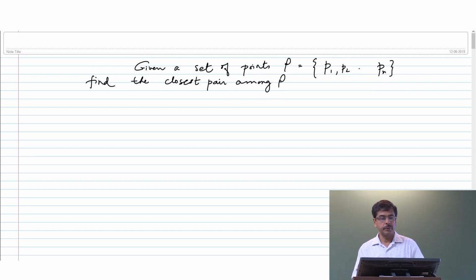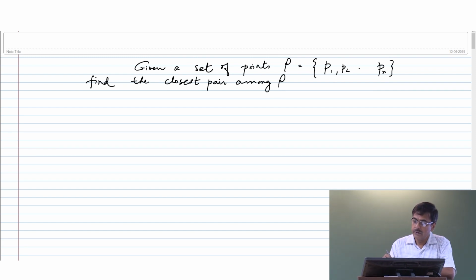So essentially what you're doing is the same as the minimum over all i, j of the distance between p_i and p_j.